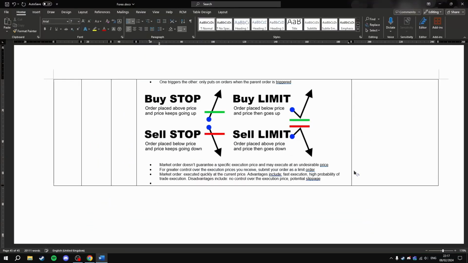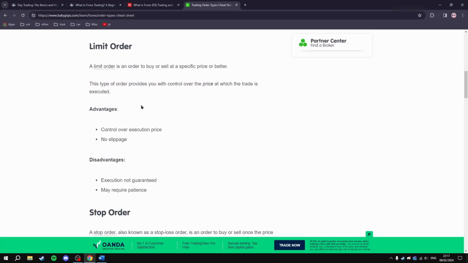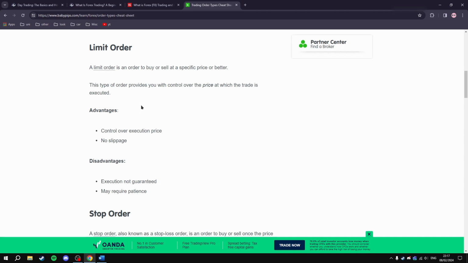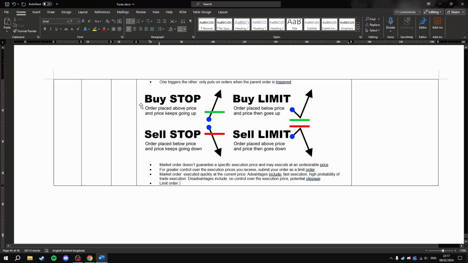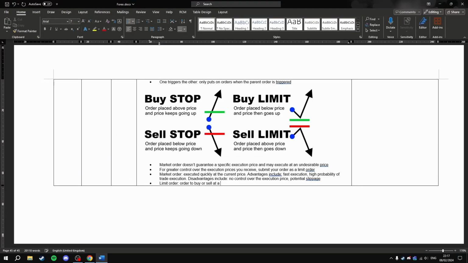Okay, so next one is limit order. A limit order is an order to buy or sell at a specific price or better.